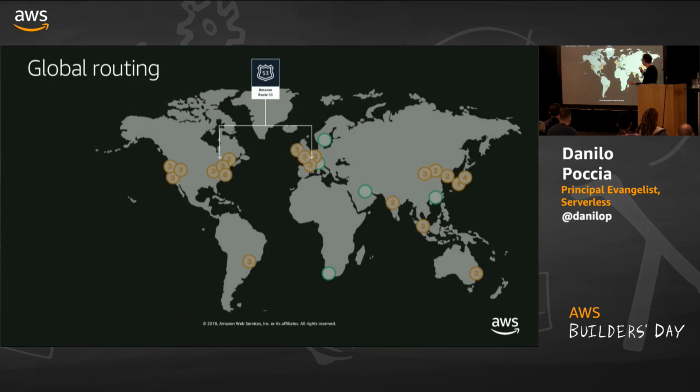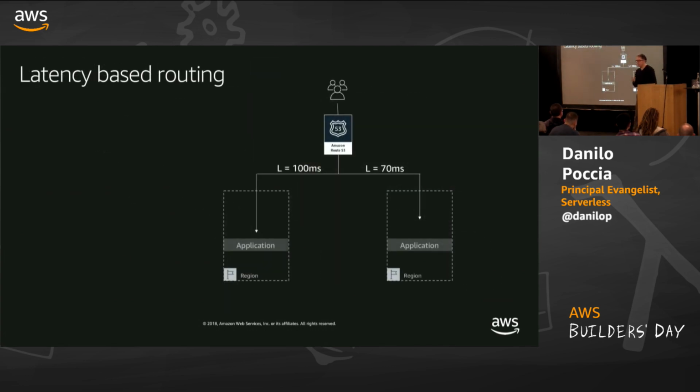So when we consider this, then we need to think, how can I send my customers to different regions? They arrive at my DNS, so you have your global DNS record, and then this can send customers to one region or the other, to Ireland or US East, for example. And one interesting way to do that, that is one of the features of Amazon Route 53, is latency-based routing.